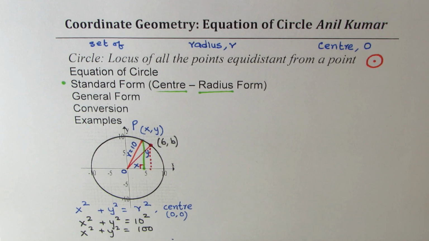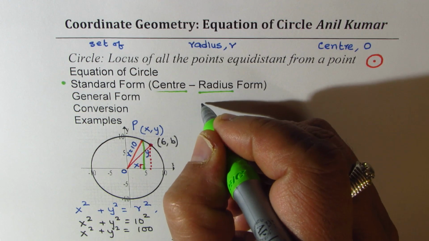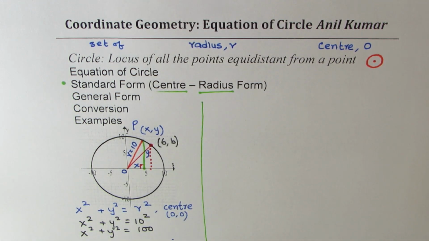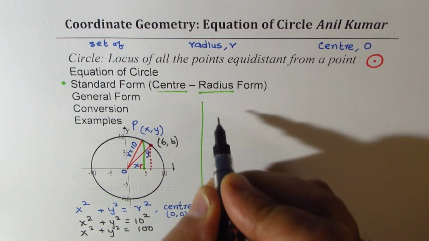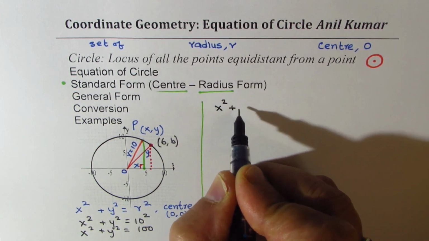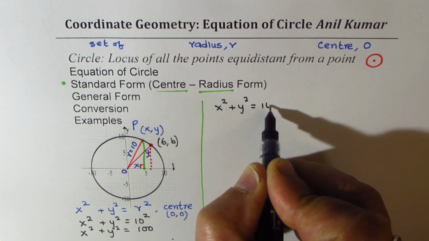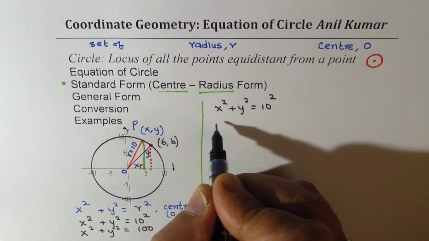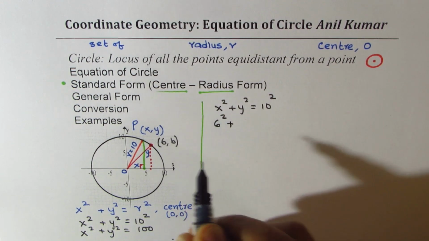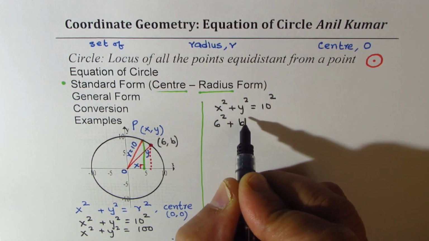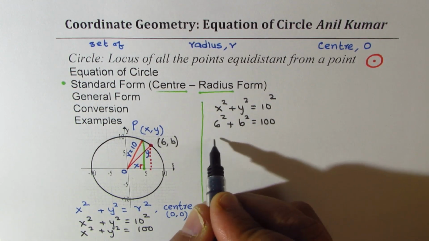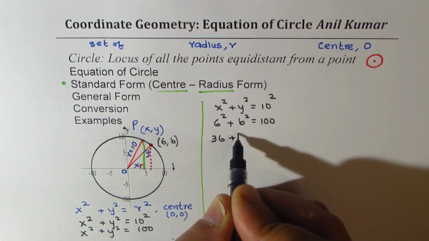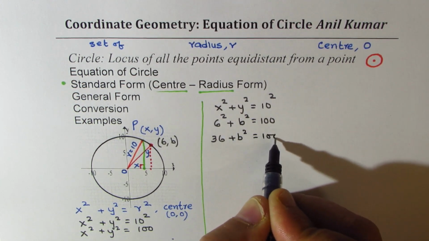so we can use this equation. Let's do our calculations here. Radius being 10, x value being 6. So now we know x squared plus y squared should be equal to 10 squared. The x value is 6 for us. So we know 6 squared plus y, which we don't know, we call it b. b squared equals 100. Rearranging, we get 36 plus b squared equals 100.